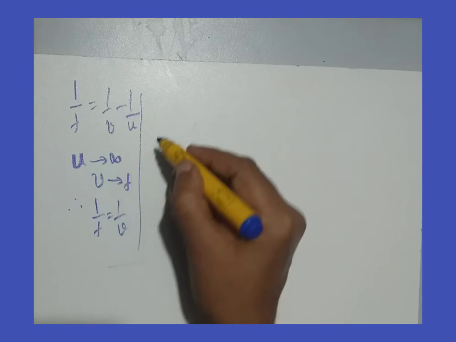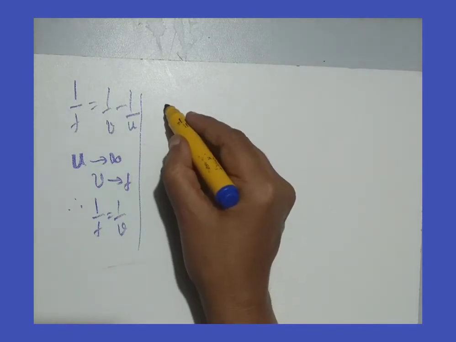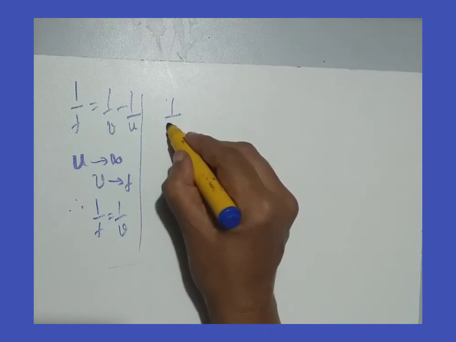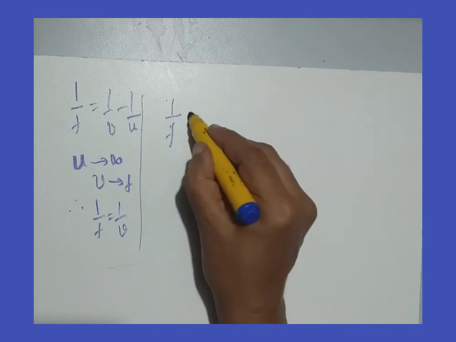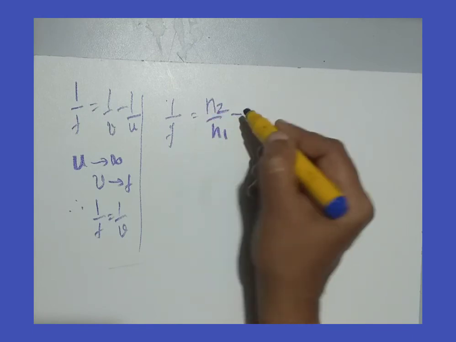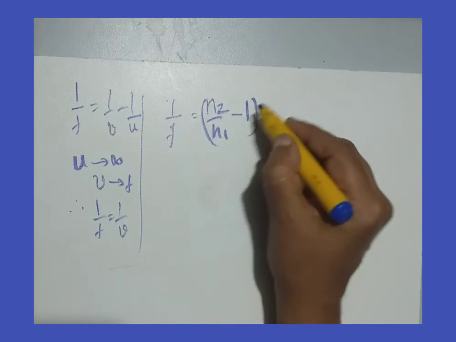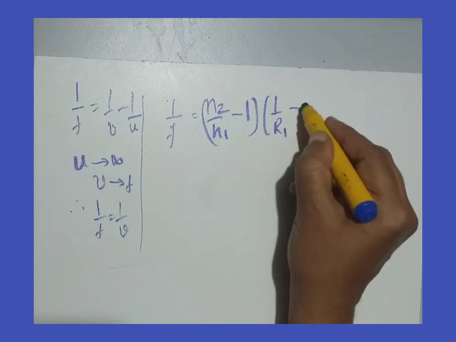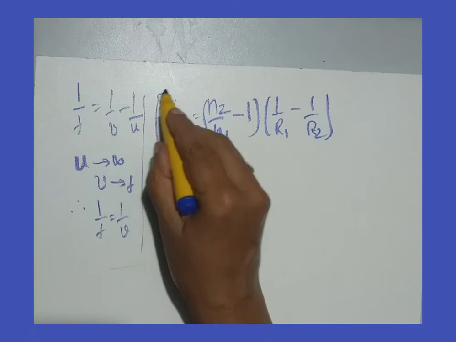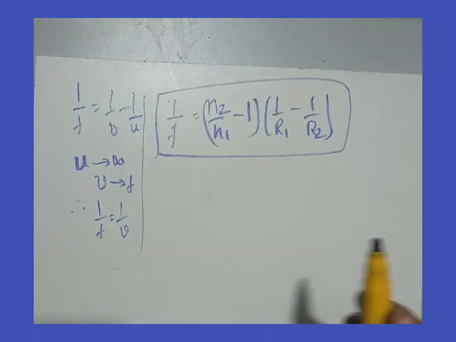Now, if we apply this situation in the preceding equation, instead of 1 by V minus 1 by U, I write 1 by F. So 1 by F equals N2 by N1 minus 1 into 1 by R1 minus 1 by R2. This is called the lens maker's formula.